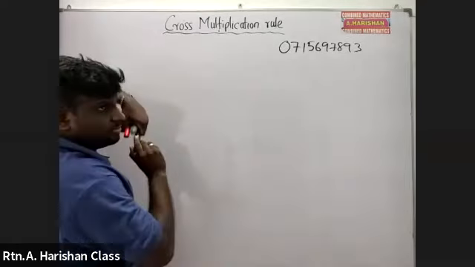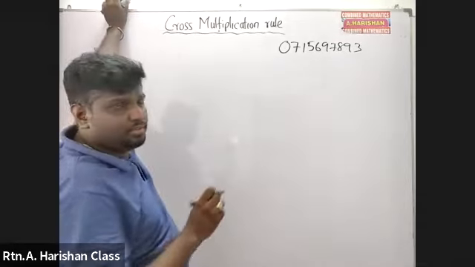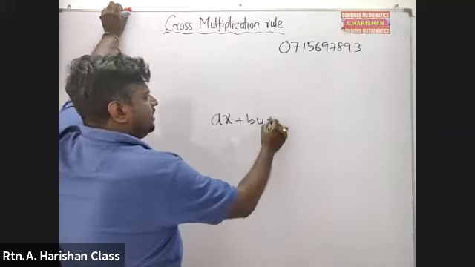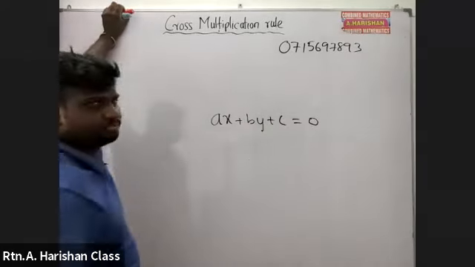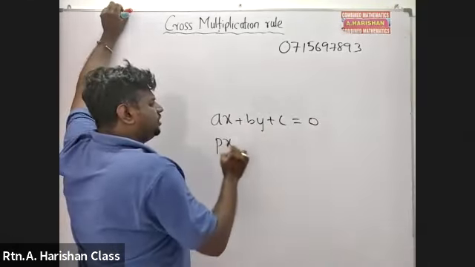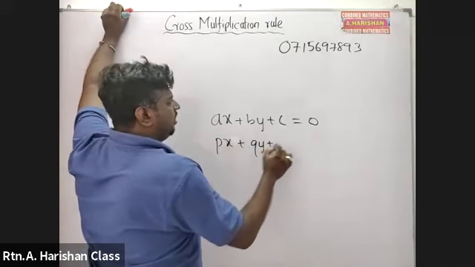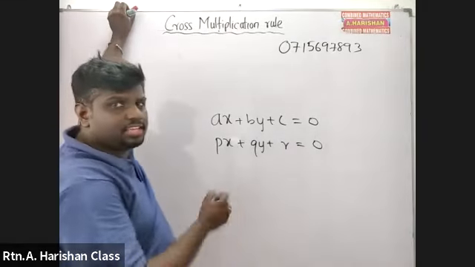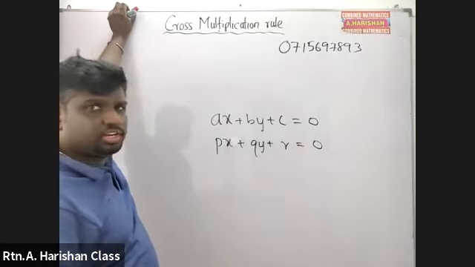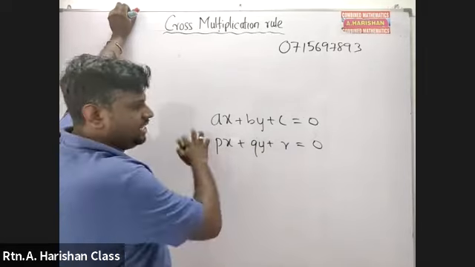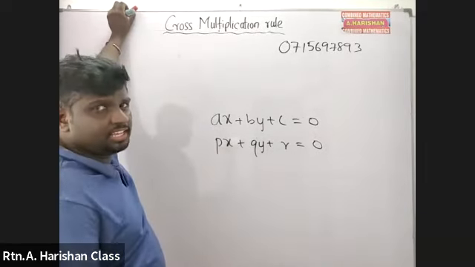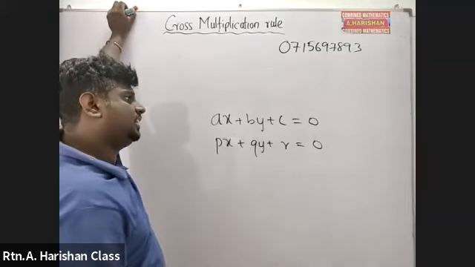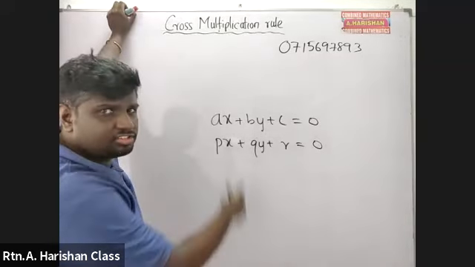So the cross multiplication rule means whenever you have an equation in this form, ax plus by plus c equals 0, and another equation px plus qy plus r equals 0, you have to solve this kind of question. This is a simultaneous equation which has no ratios.